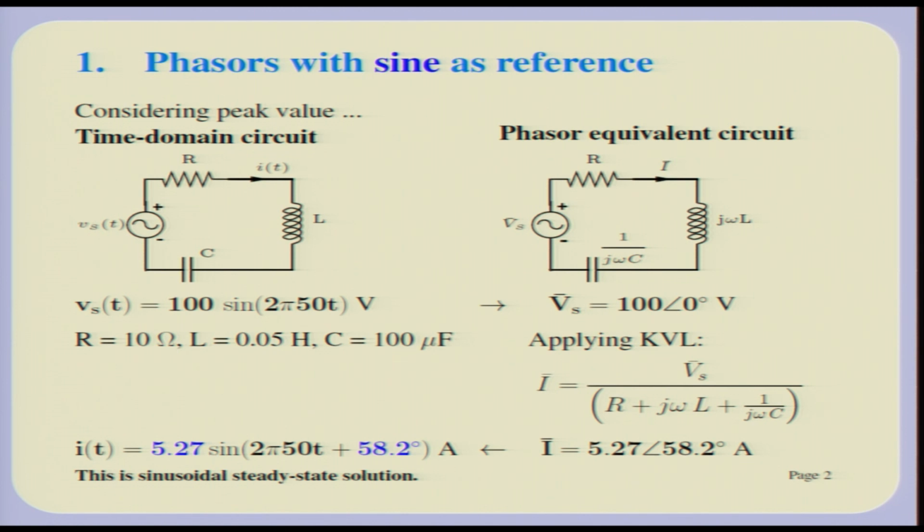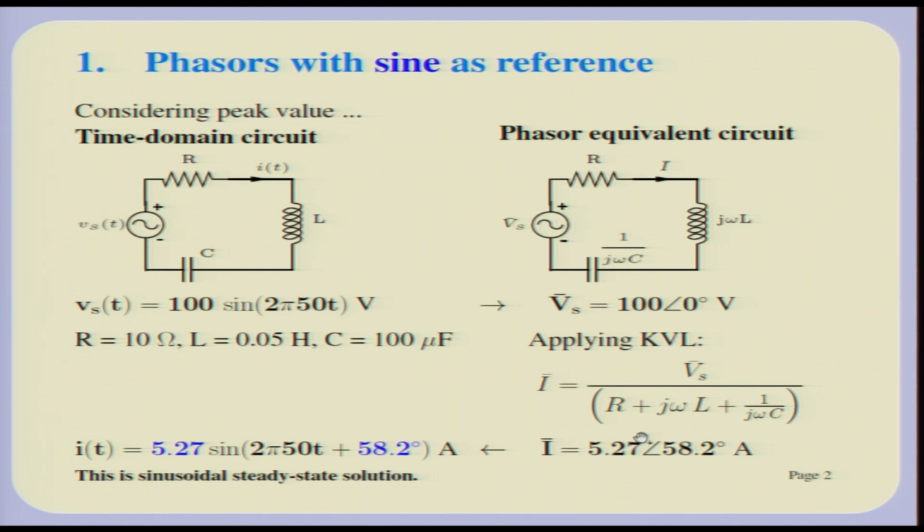I have added a bar also on top of it. Now, when you divide it by R plus s L plus 1 by s C, s is of course you can replace it by j omega, as I said, so R plus j omega L plus 1 upon j omega C, and this bottom term in fact is a complex number. So, you can actually get the magnitude and phase shift.